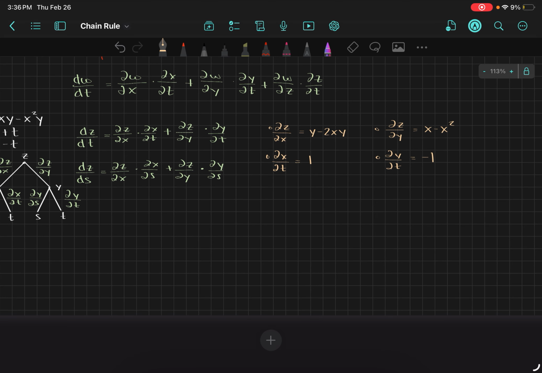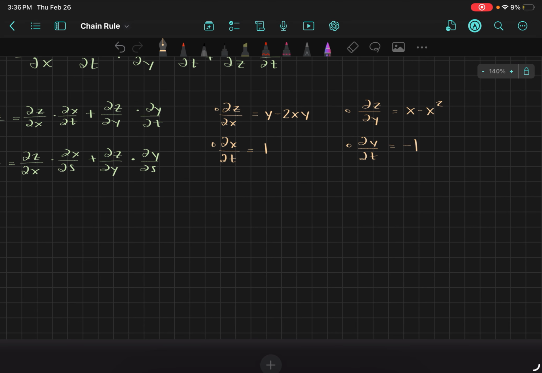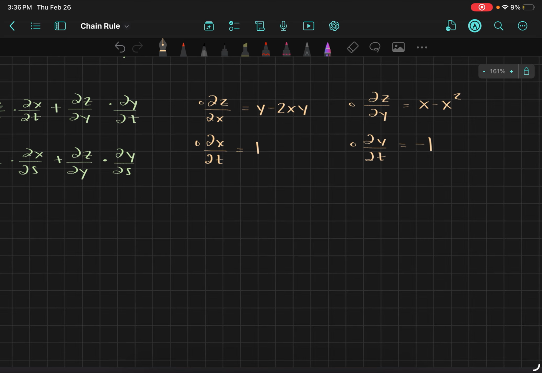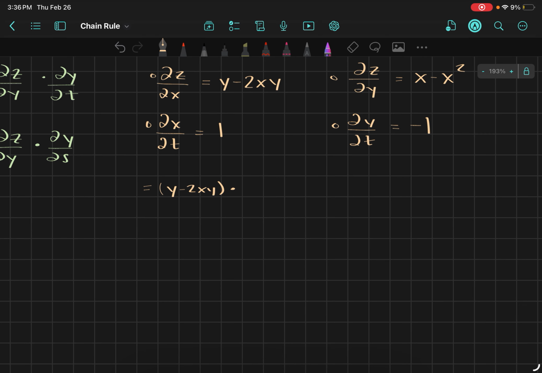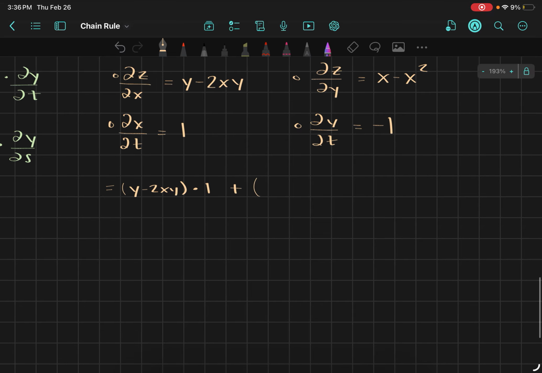dz/dt is going to be the partial of z with respect to x, so that is y minus 2xy, times the partial of x with respect to time, that is times 1, plus the partial of z with respect to y, x minus x squared, times -1.